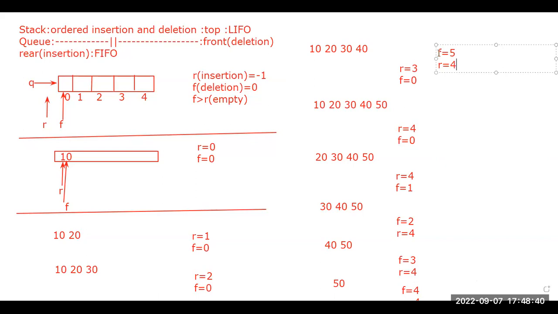By looking at these values, what you can say? It clearly says that F value gone beyond R, which means the Q is empty. Am I right or not?